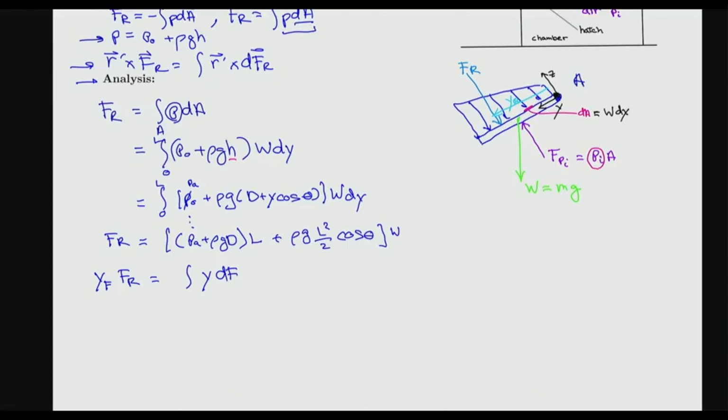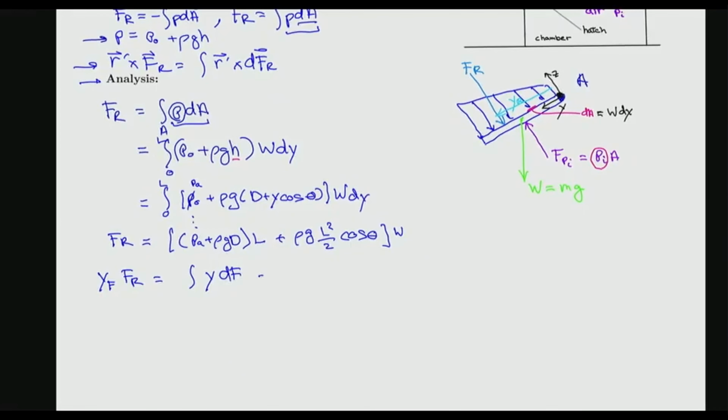So you can use the right-hand rule when you ultimately sum moments about A. But for now, this will give us the magnitude of y F_R. So it's really the same thing. We have dF, which is p dA. So you just substitute that in, integral of y p dA. Okay, and then we can make the same substitutions for pressure and dA as we did upstairs.